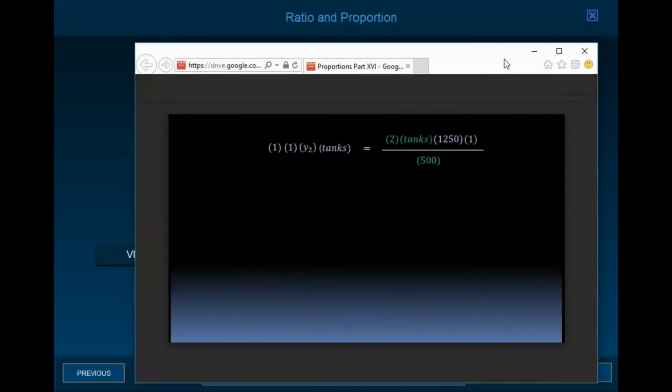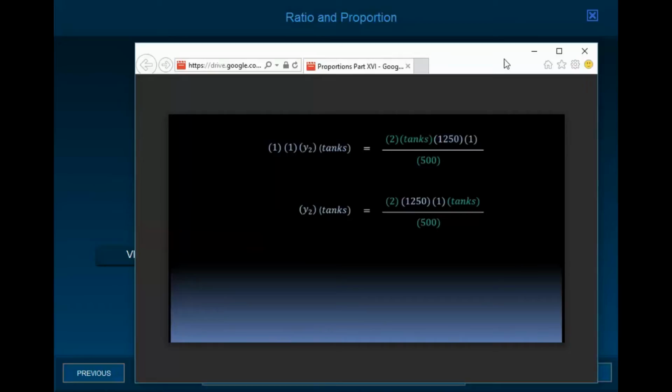Here is our equation. We have 1 times y sub 2 tanks on the left-hand side. And that will calculate to be simply y sub 2 tanks is equal to, we simply rearrange the number factors on the right-hand side of the equation. 2 times 1,250 times 1 tanks over 500.